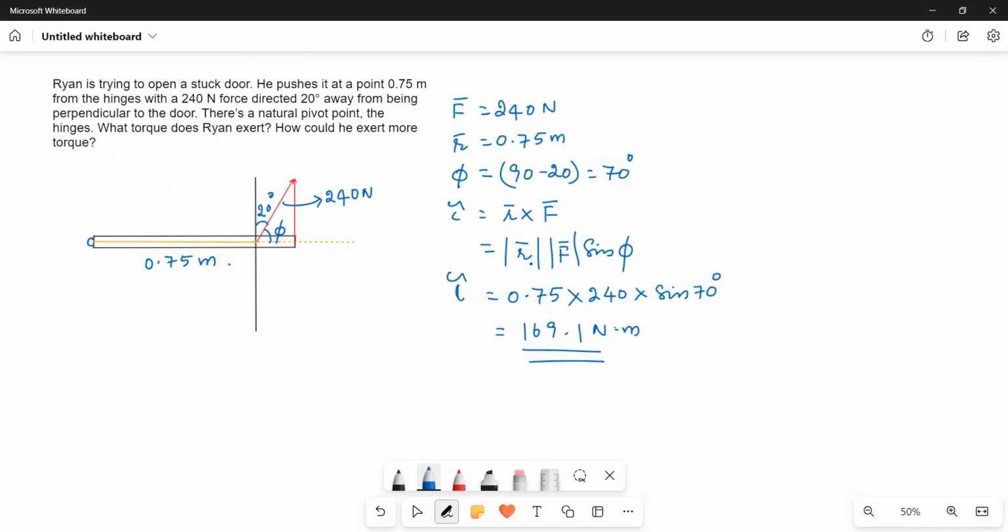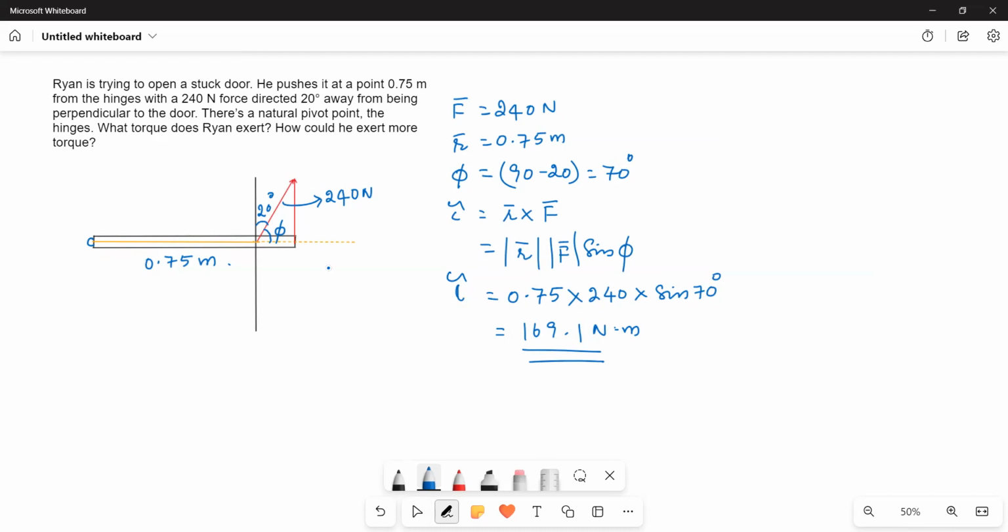Torque depends on three factors. One is the angle. Instead of 70 degrees, if he is able to make it 90, then the torque will be more. The second thing is, instead of 0.75 meters, maybe there may be a bit more length if possible.